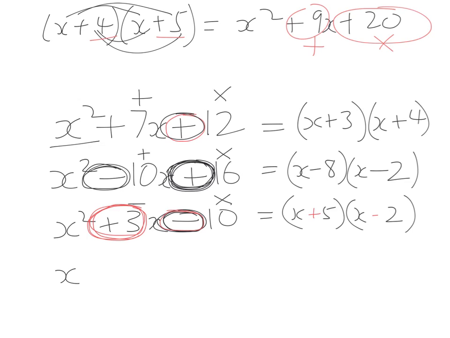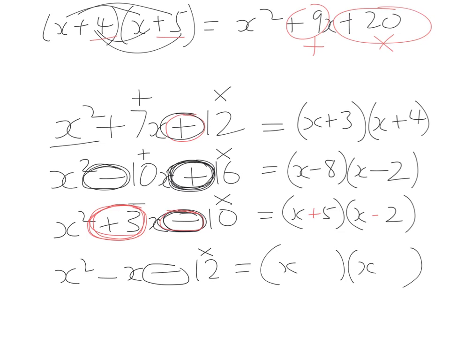And my last scenario, alright, so start with x and x. Alright, give me two numbers that times together to give you 12 and subtract to give me 1x. Alright, so two numbers, 6 and 2 won't give me 1, 3 and 4 will give me 1, so 3 and 4.